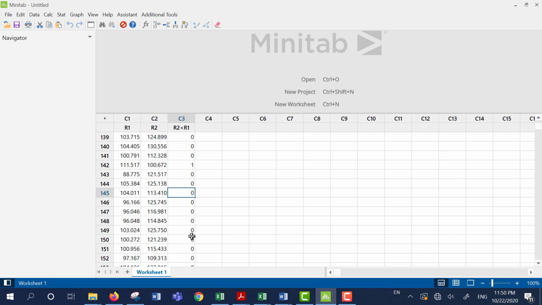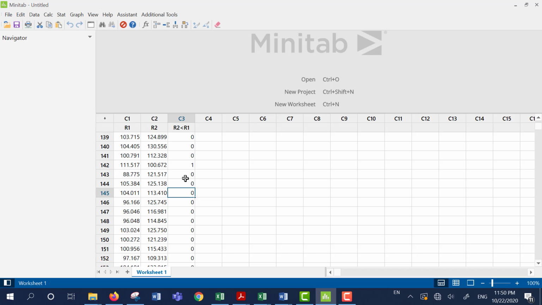So how do we estimate the probability R2 is less than R1? We know the probability is the long run relative frequency. In other words, out of these 10,000 trials, how many times do I have 1?